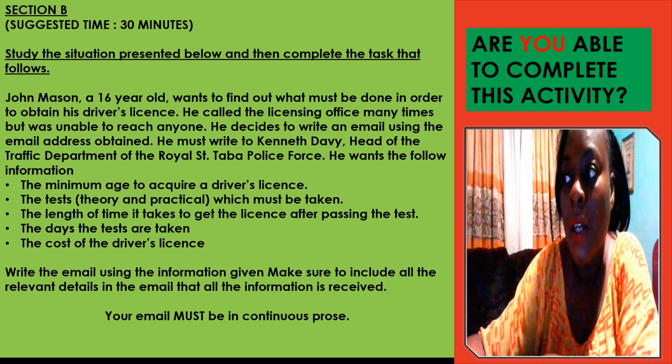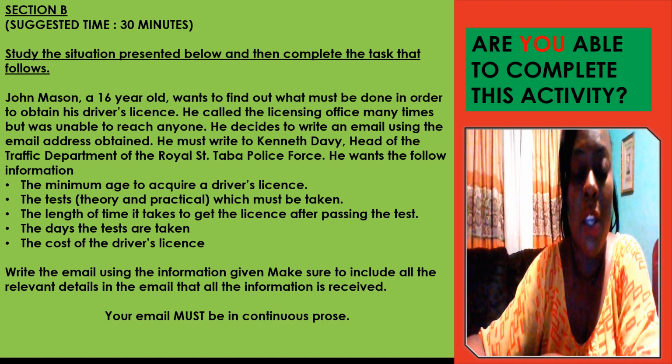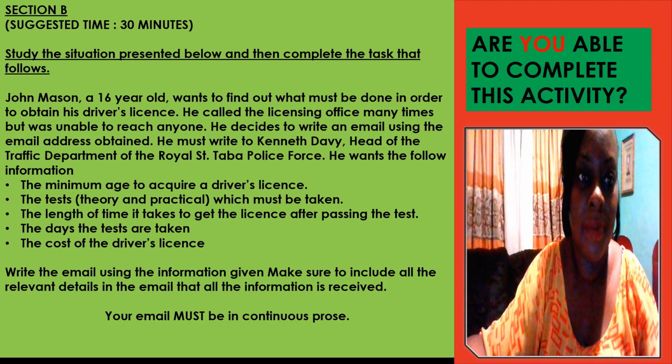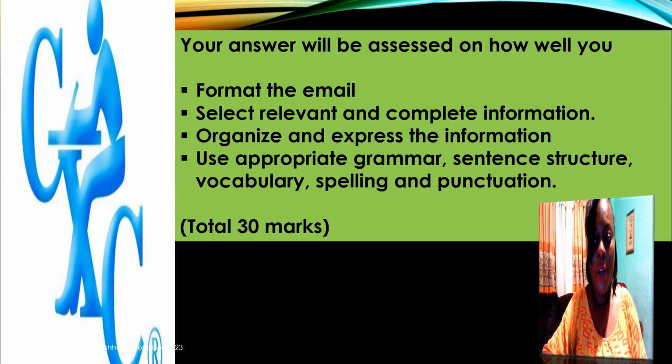Make sure to include all the relevant details in the email so that all information is received. Your email must be in continuous prose. Your response will be assessed on how well you 1.